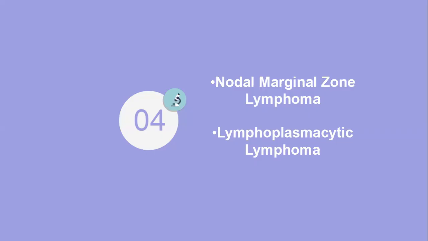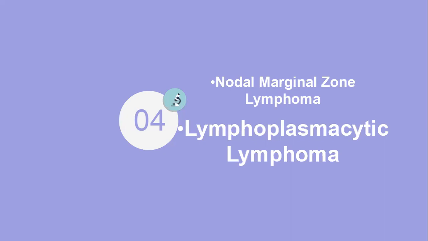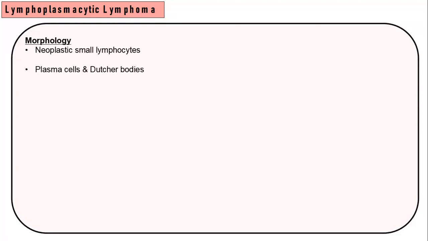The next lymphoma that we will be discussing is another small cell lymphoma, which is lymphoplasmacytic lymphoma, an important differential of nodal marginal zone lymphoma. It's seen in the old age population. As we look into the morphology and we see its name, there's a population of small lymphocytes, lympho, the plasmacytic component, that is the plasma cells and Dutcher bodies, and what lies in between is a spectrum of plasmacytoid lymphocytes.